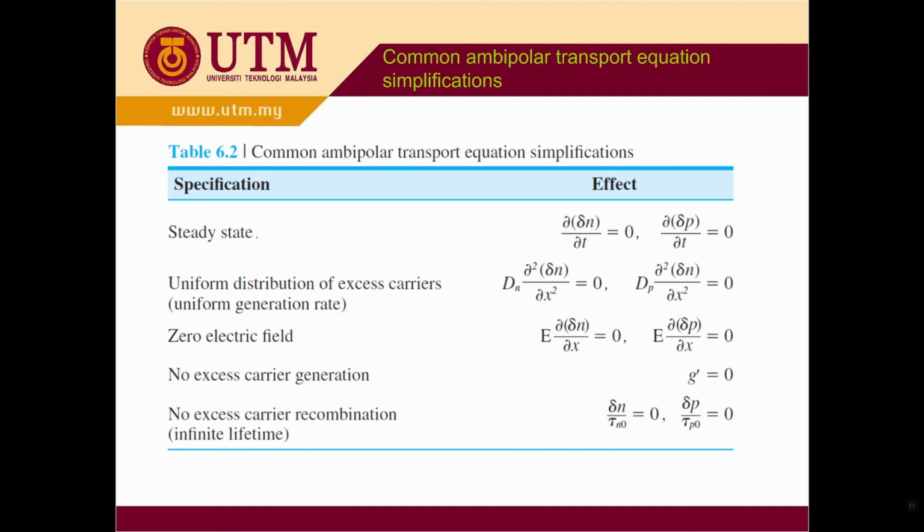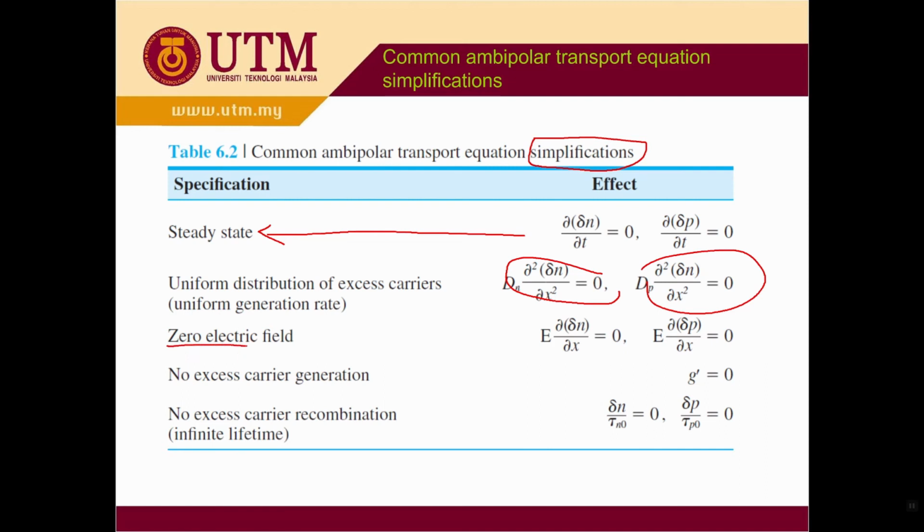Now let's look at Table 6.2, common ambipolar transport equation simplifications. This means that the ambipolar transport equation that we saw earlier on can be simplified under the following conditions. The time derivative of excess electron and excess hole is 0 in steady state. If we have a uniform distribution of excess carriers, then the diffusion term multiplied with this equals 0.